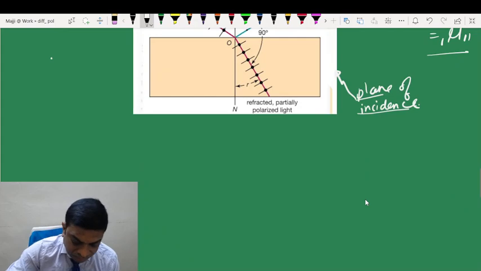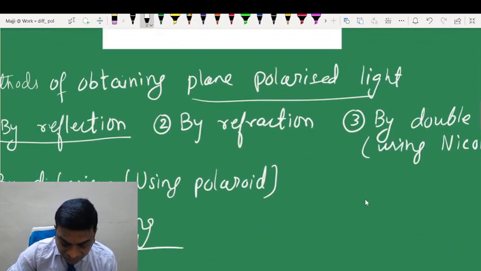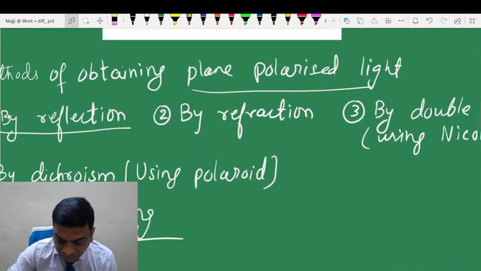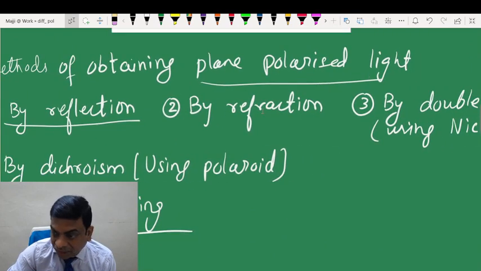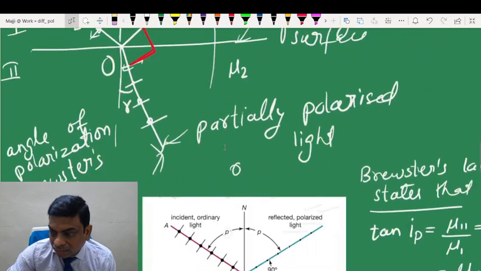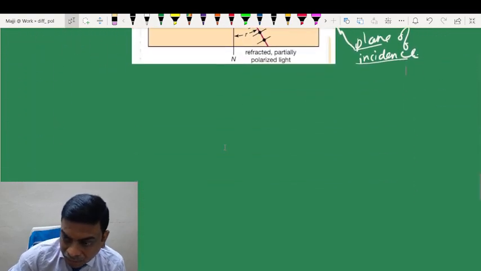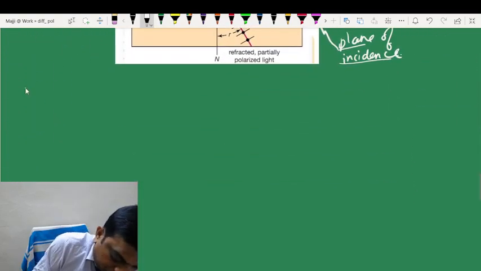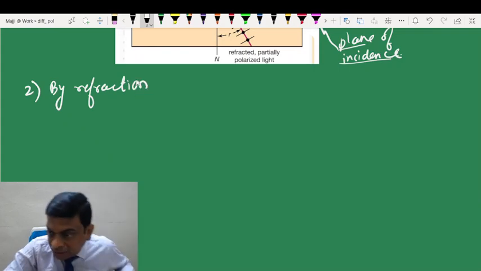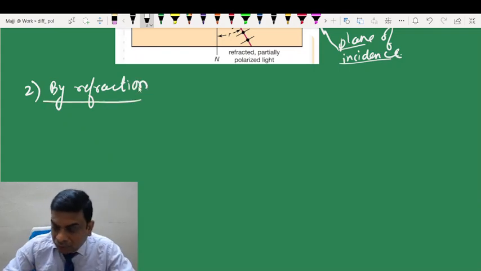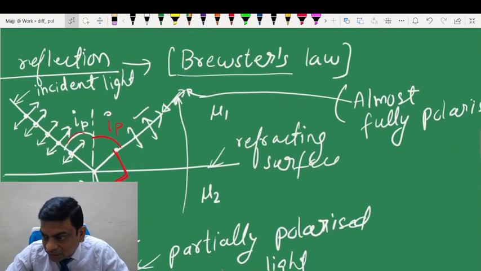Then we'll discuss the next type of obtaining plane polarized light, that is by refraction. So second is by refraction. Now students, once again let us discuss this.